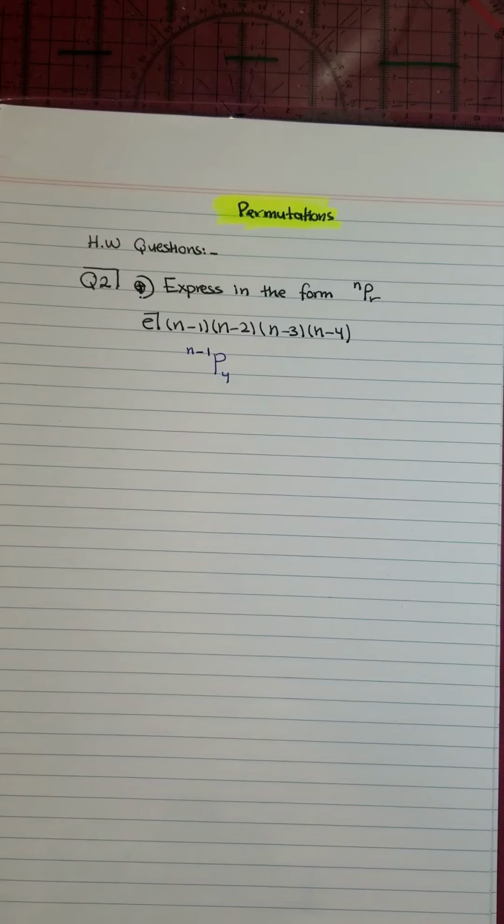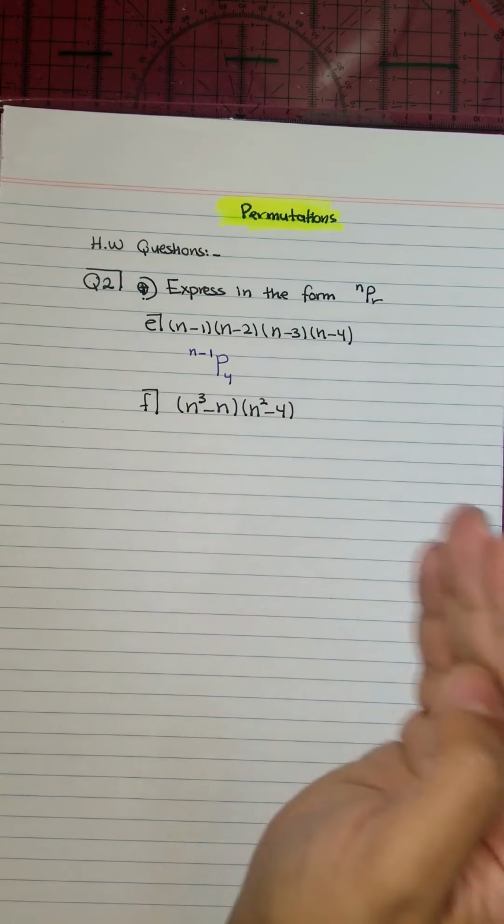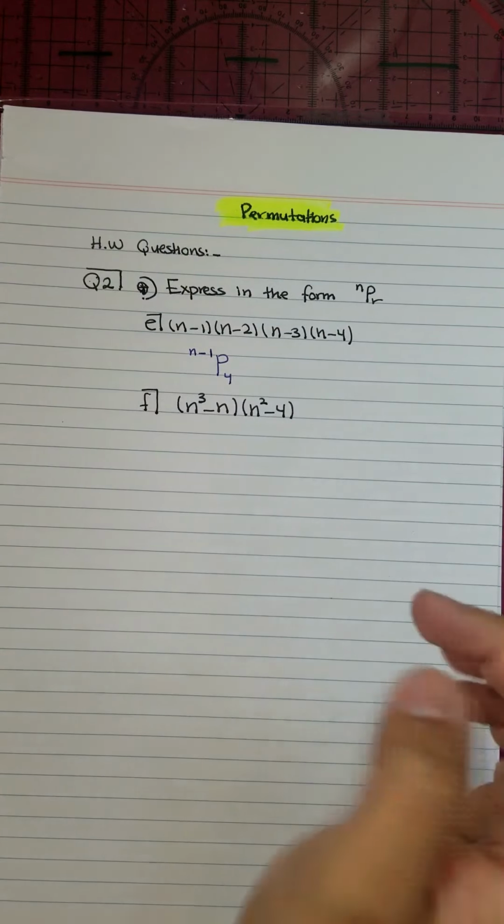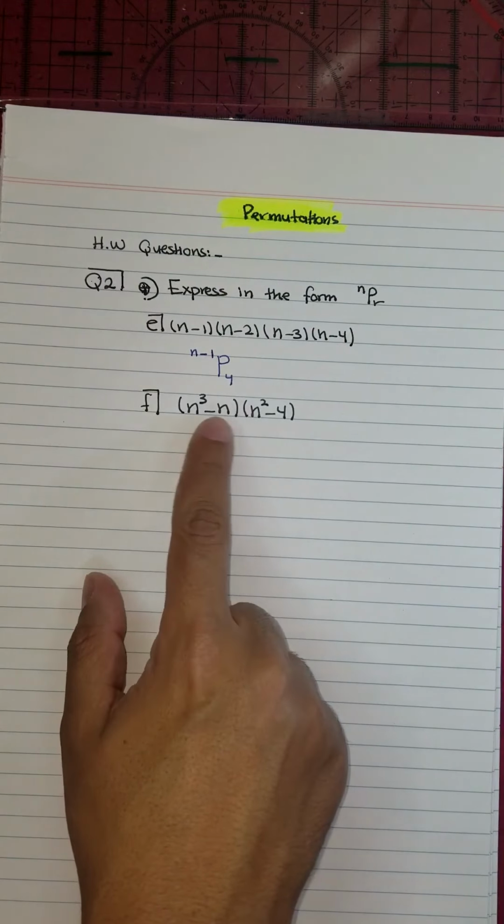Now, this one is quite different because here we don't have a clear sequence of factors. In the previous one, we have a sequence of factors: n-1, what goes next is n-2, then n-3, and then n-4. These numbers decrease by 1 every time. But this time, we don't have a sequence of numbers.